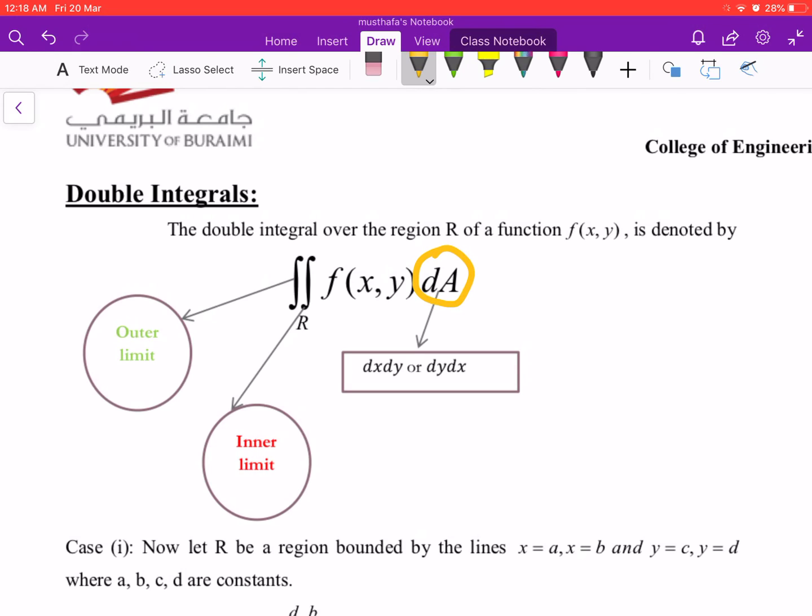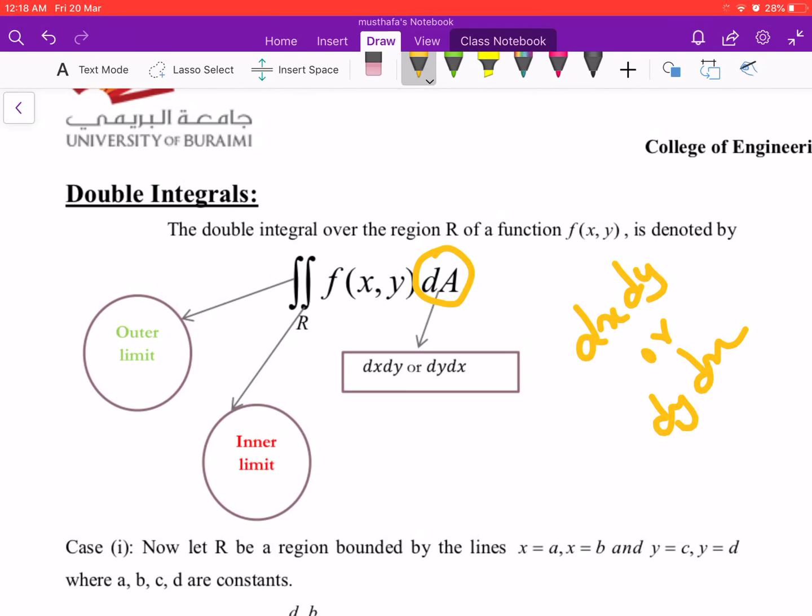the order of the given integral and which order you are going to perform. So the order could be either dx dy or dy dx. As our function is in x and y, the order of integration could be dx dy or dy dx.